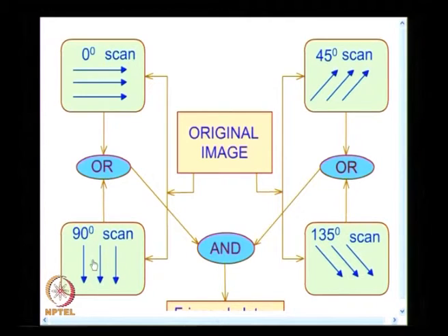I do an OR operation between the 0-degree and 90-degree scans, and an OR operation between the 45-degree and 135-degree scans. Now, I do the logical AND of these two results. So, 2 OR operations and 1 AND operation provide you a fringe skeleton free of noise. This is only a statement. This statement has to be verified from actual processing of the fringes, that we will see.